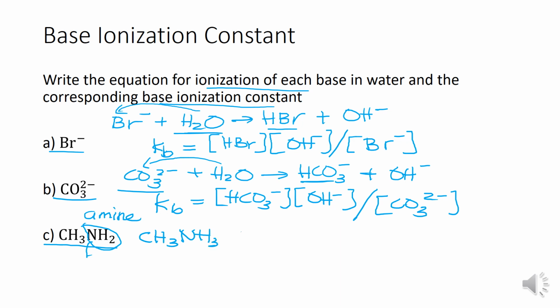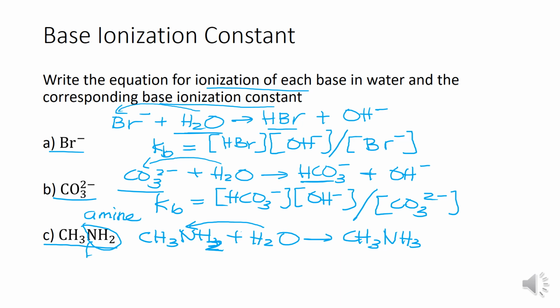If we add that to water, this nitrogen will accept a hydrogen from water. That is to produce CH3, sorry, this one is NH2. So CH3, it becomes NH3 because it accepted a hydrogen ion or atom.